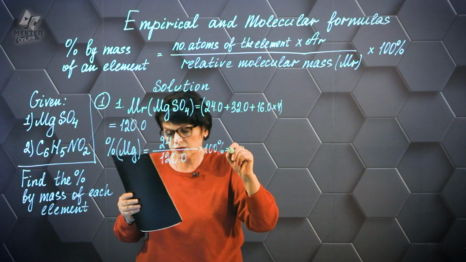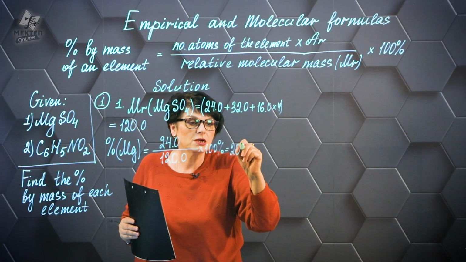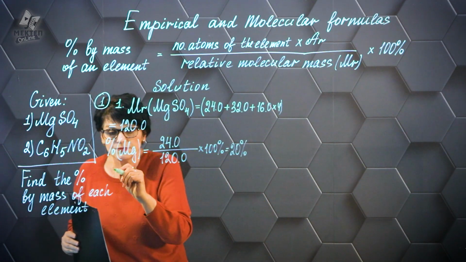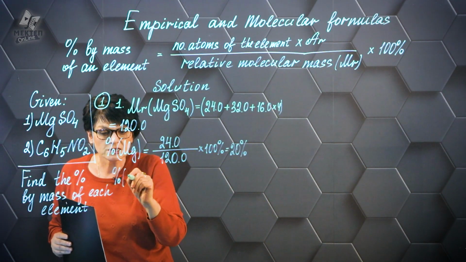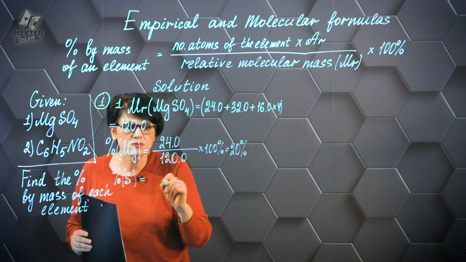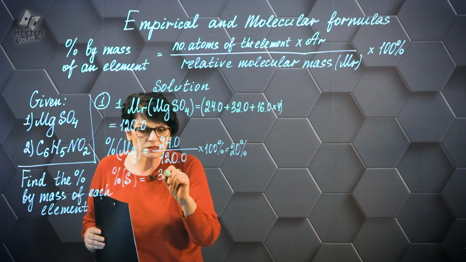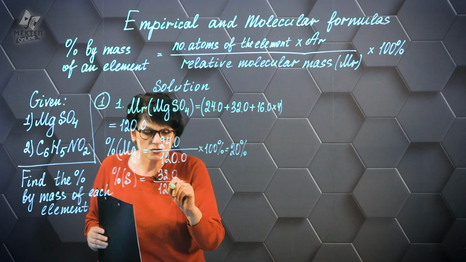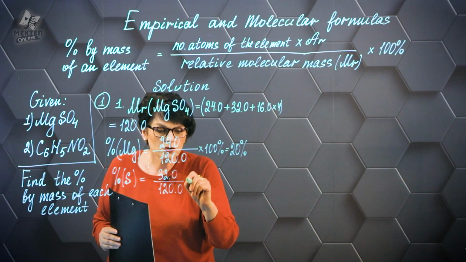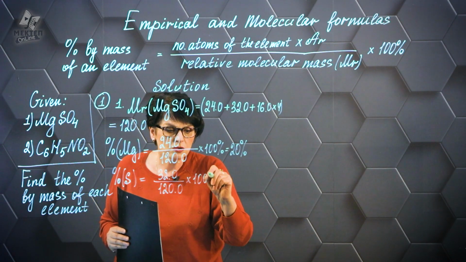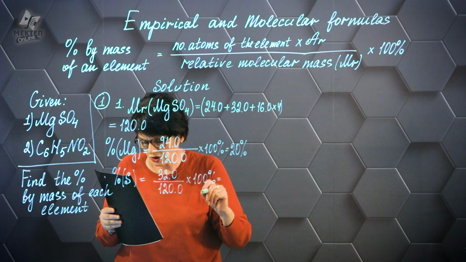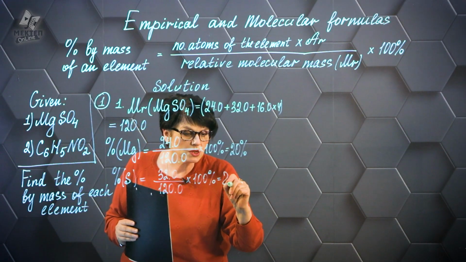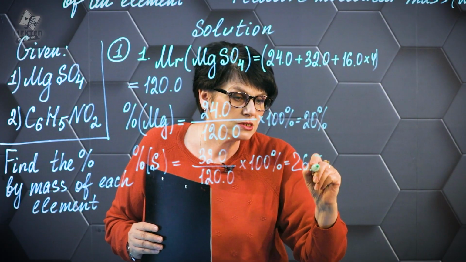It turns out that in this case, the value is 20%. Let's also calculate the percentage composition of sulfur. For this, we divide 32.0 by the same 120 and multiply by 100%. And it turns out that this value will be 26.7%.